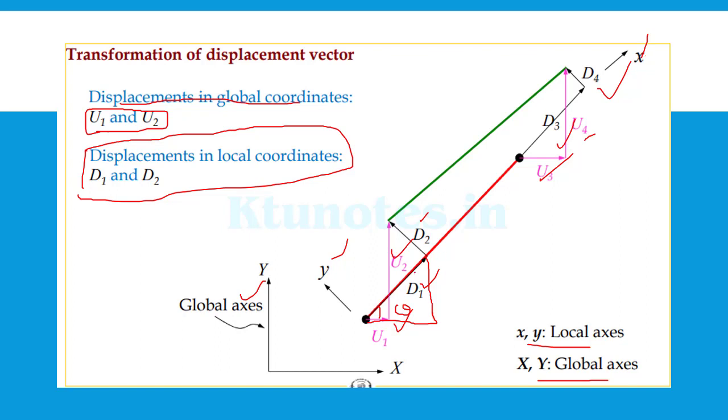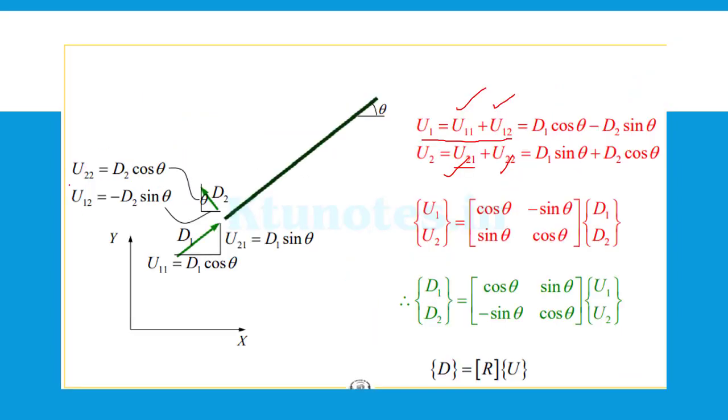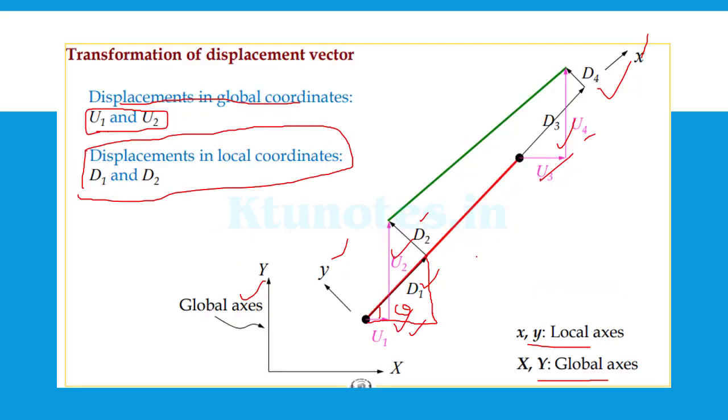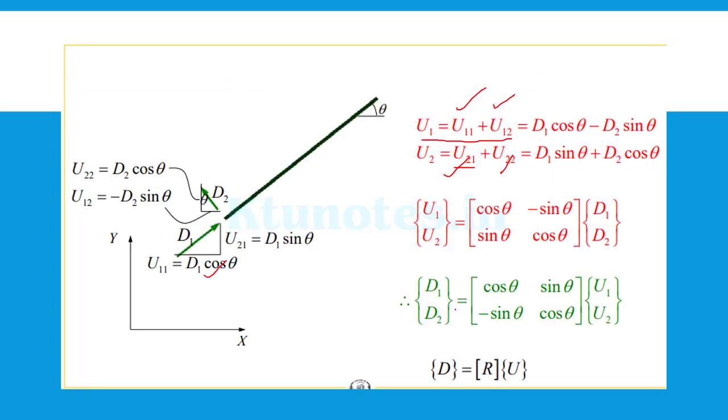For this one, the corresponding horizontal displacement will be d1 cos theta, and the corresponding movement in the vertical, which is given as this, will be, sorry, d1 sin theta.